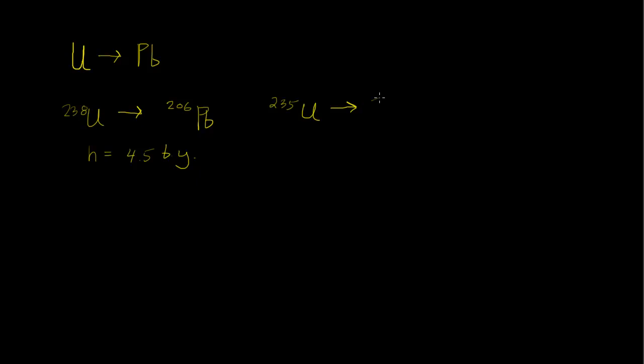at lead-207. And this has a half-life of about 700 million years. So it's a process that's somewhat faster than the decay of uranium-238 to lead-206. And the lead-lead isochron method takes advantage of these two processes going on simultaneously whenever there's some uranium in the rock.